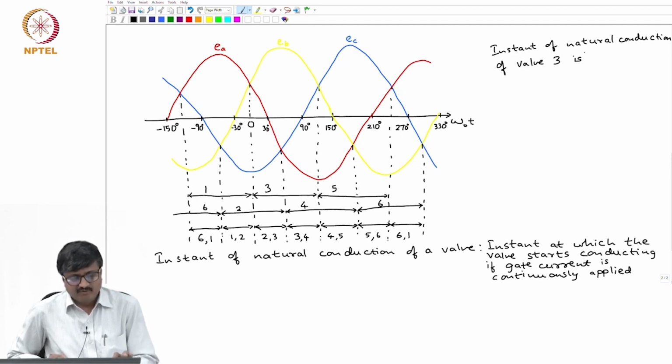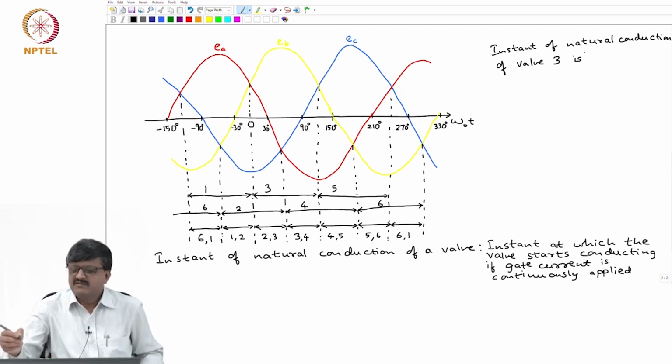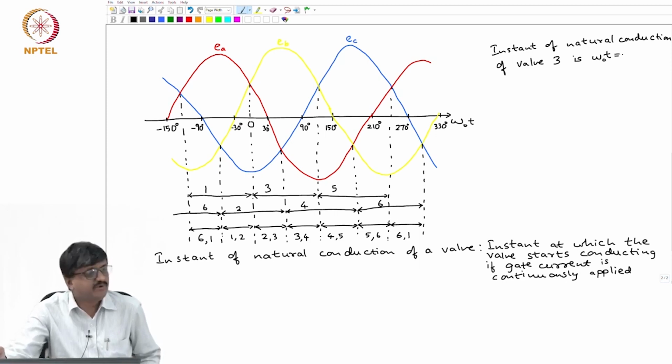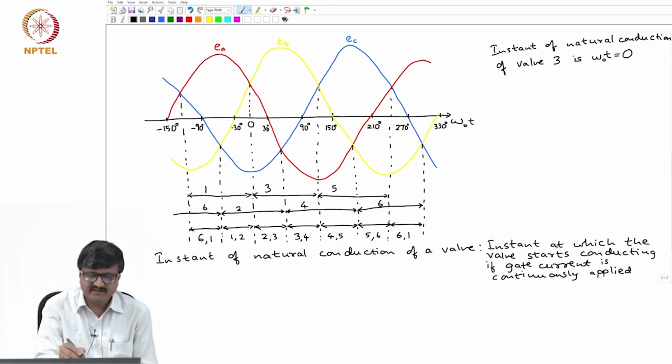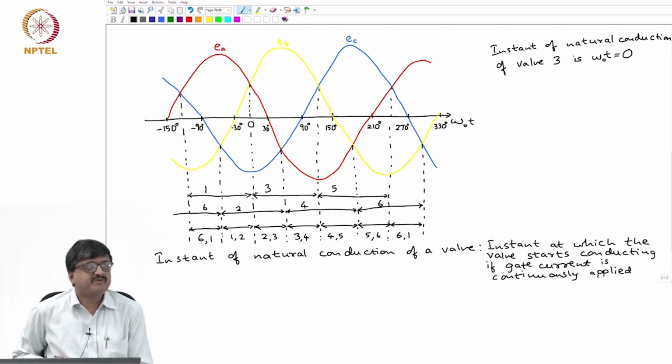So, though we say instant, we refer to even omega_o t as well. So, omega_o t is equal to 0. So, you see that at omega_o t equal to 0, valve 3 starts conducting. So, the instant at which 3 starts conducting is omega_o t equal to 0.